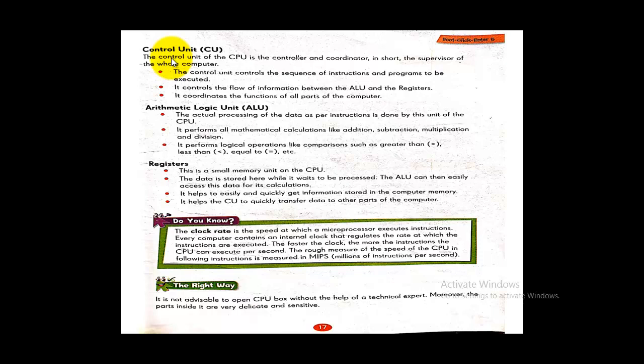Suppose you type a name like TOM. Now the first letter is T, the second letter is O, and the third letter is M. And now these will be controlled by this control unit.